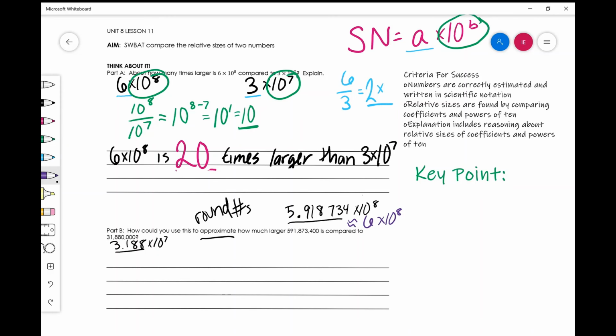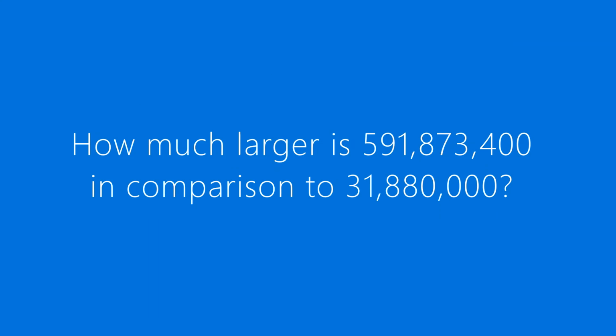Again, looking at my second number, I have 3.188. And if I want to round that to a whole number, I'll round down to 3 times 10 to the 7th. I can see that when I round my two numbers, I have the same values that I had in part A. So I can use my approximation to find the same comparison between our two numbers.